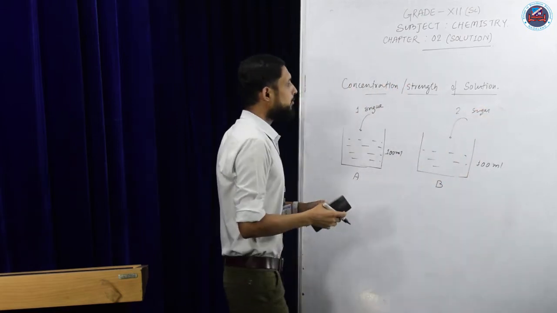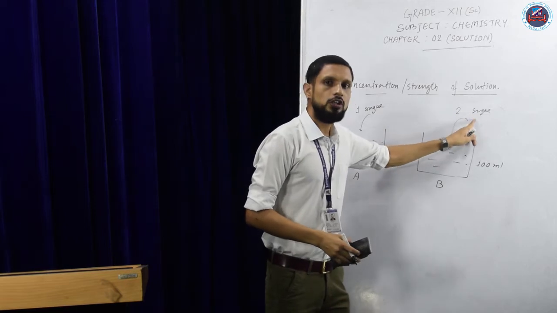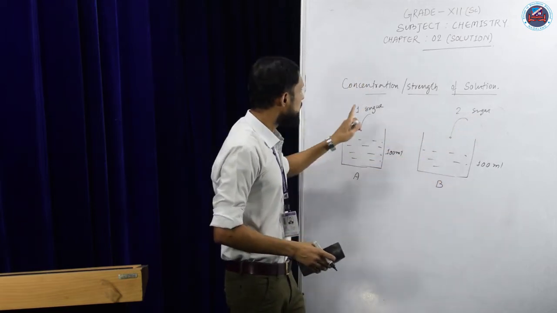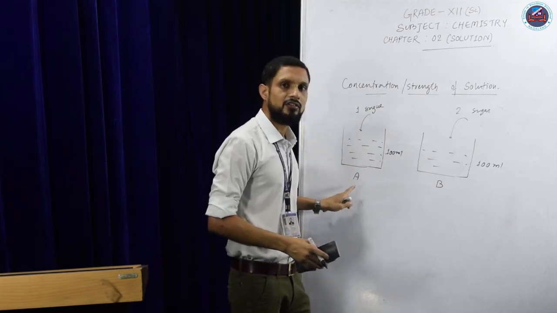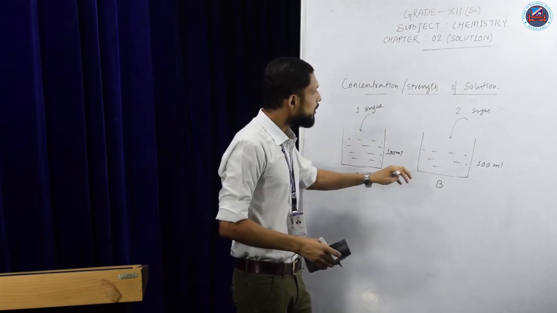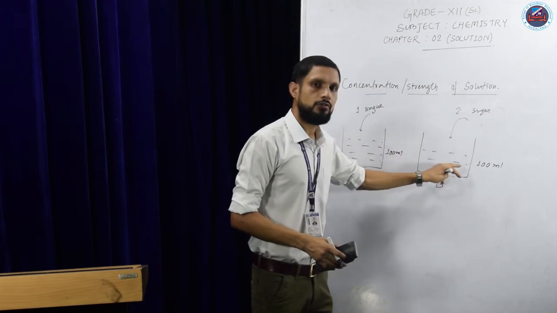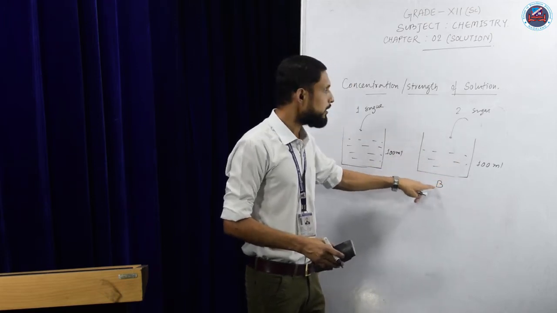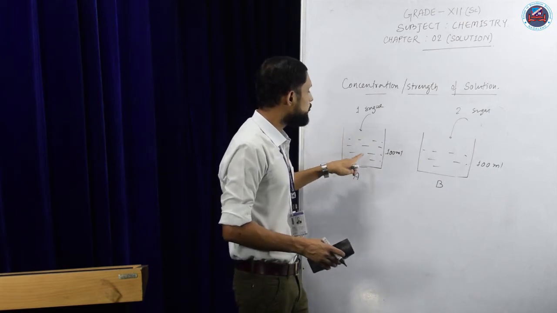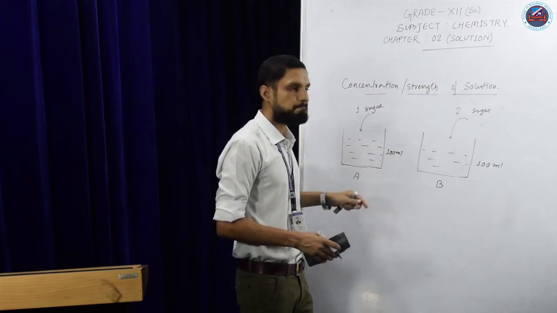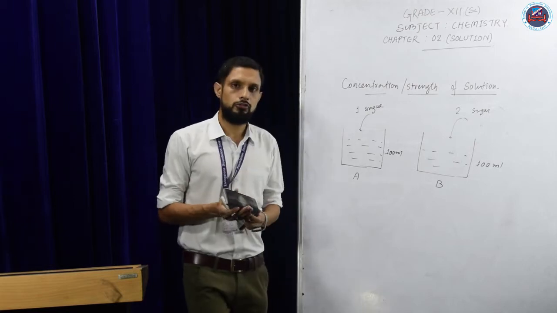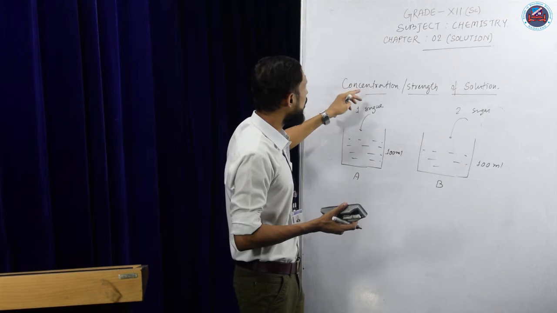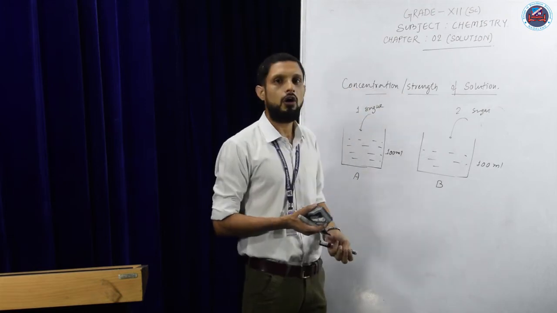Now you'll find the amount of solute in glass B is more than the amount of solute in glass A. So we can say the concentration of solution formed in glass B is more than the concentration of solution in glass A. So what we are going to do, we are going to use different terms to express the concentration or strength of a solution.